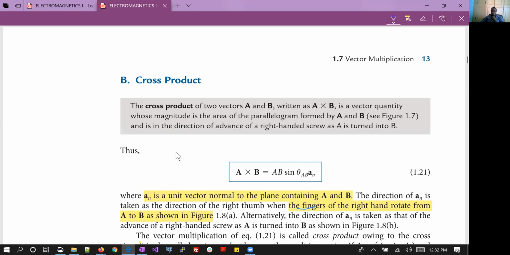The cross product of two vectors A and B, written as A cross B, is a vector quantity whose magnitude is the area of the parallelogram formed by A and B as shown in figure 1.7, and is in the direction of the advance of the right-handed screw as A is turned into B. So here's the idea.